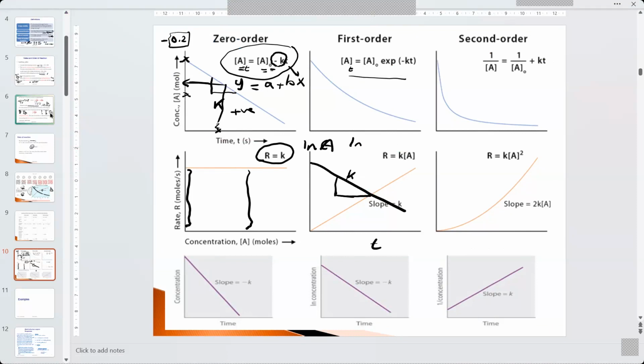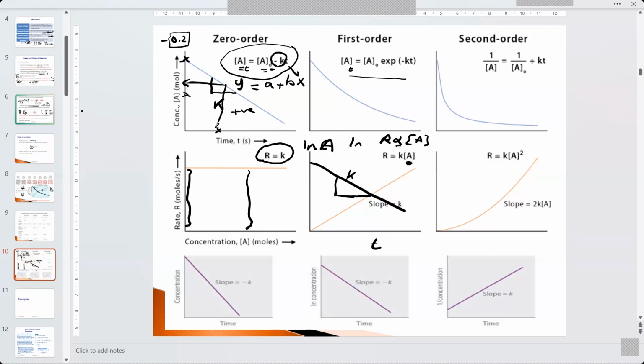Originally, we wrote that the reaction rate is proportional to the concentration of the drug. And we replaced the proportionality sign with equal to, and then we put a constant. The constant we call the reaction rate constant. So reaction rate is equal to a constant times a variable, right? This A is variable, isn't it?